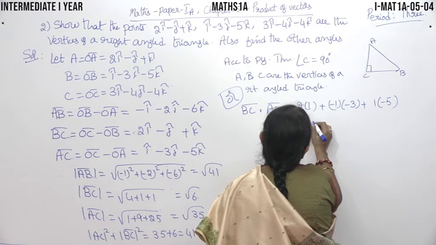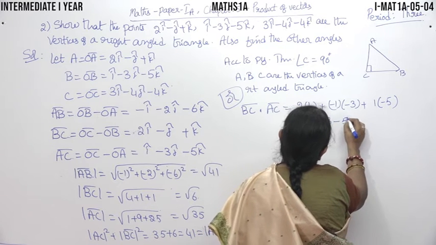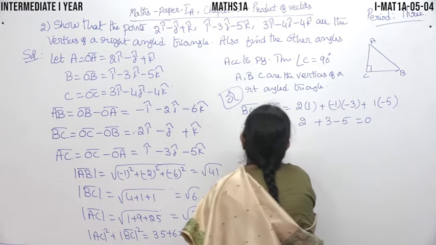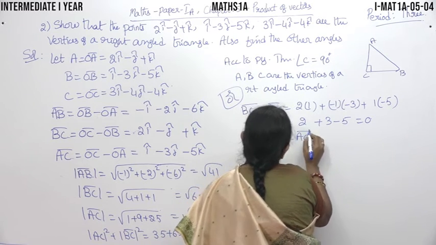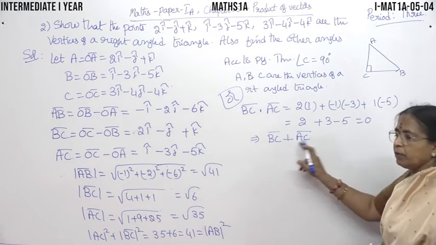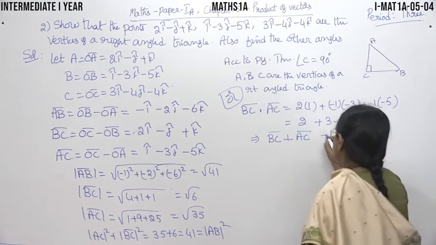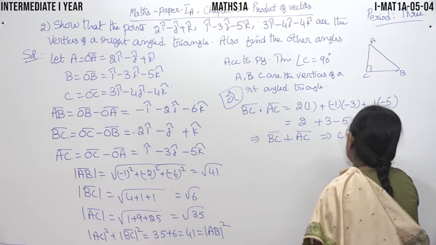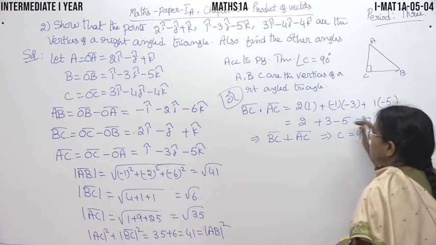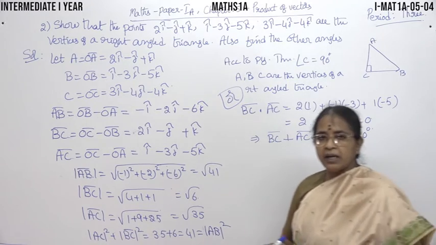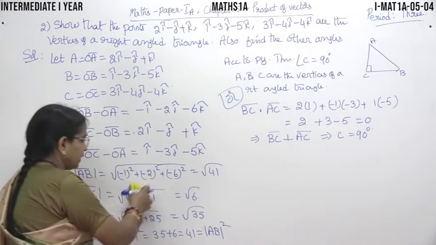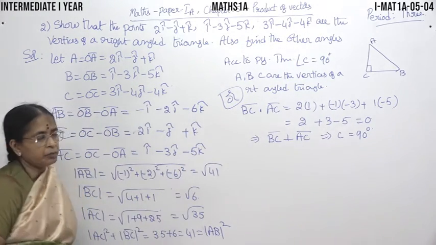That is 2 plus 3 minus 5 is equal to 0. That means BC is perpendicular to AC. And so C is the common point, so angle C is a right angle, C is equal to 90 degrees. So you can conclude A, B, C are the vertices of a right angle triangle. You can use Pythagoras theorem, or you can use dot product.